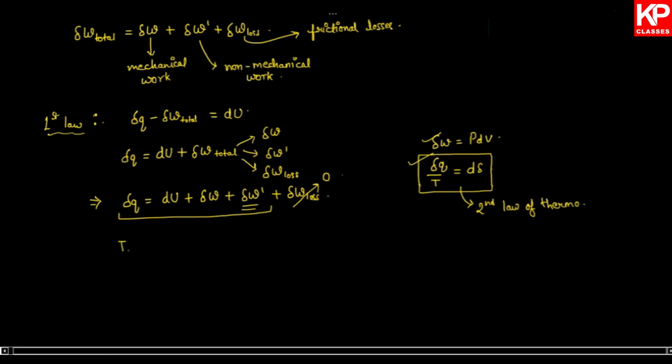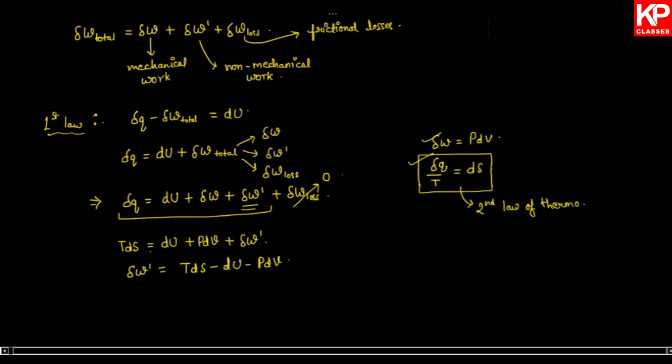So it is nothing but TdS equals dU plus PdV plus del W dash. I hope it is clear to everyone. So you can write del W dash as TdS minus dU minus PdV.